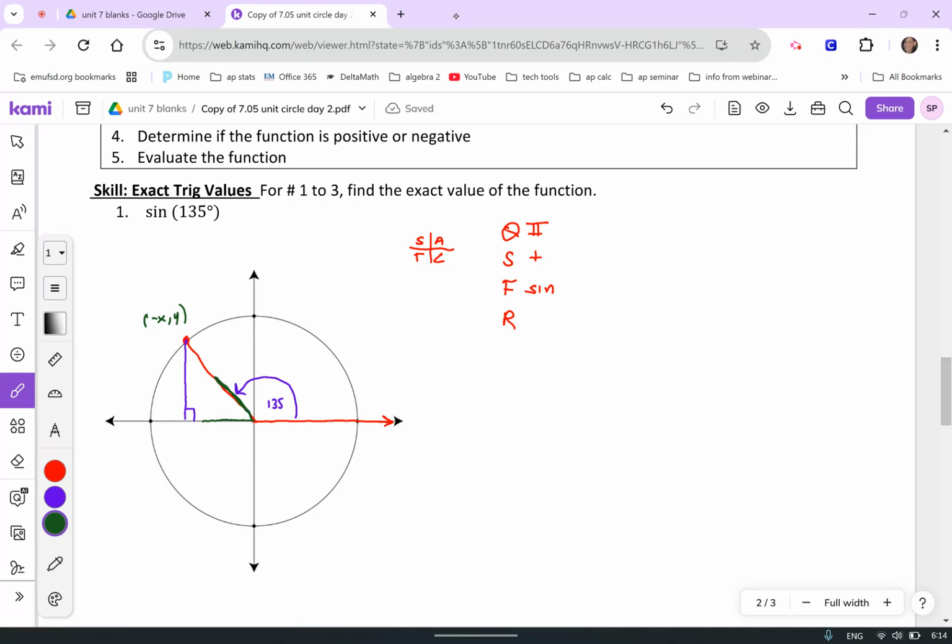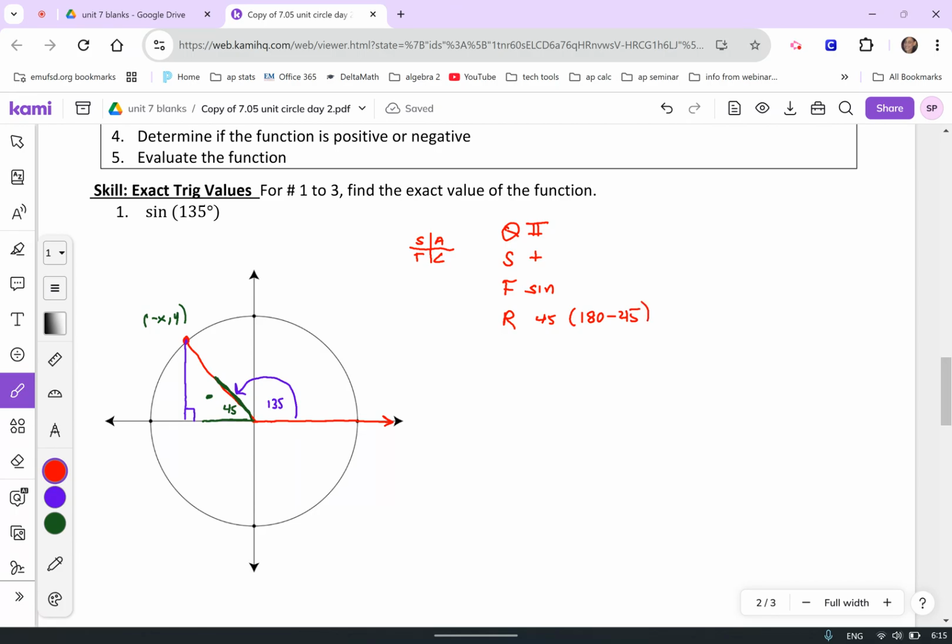So in this case, it's this angle, and what is the value of this angle? If we have half a circle on the top, like if you could cover up the bottom half, and half a circle is 180. If I subtract the 135 from it, I get the reference angle of 45 degrees. So we went 180 minus 135.